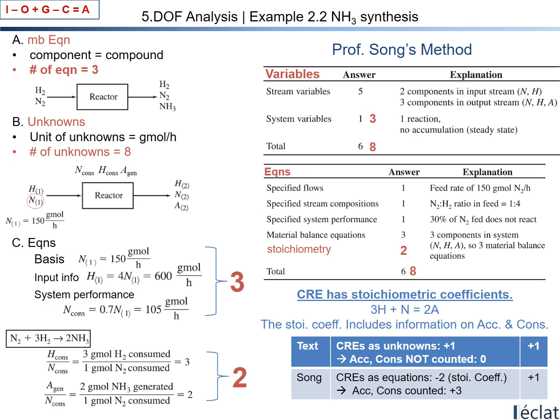It's time to calculate the unknown variables by using material balance equations plus several specifications. So it's time to calculate the process variables. Let's do the ABC steps presented in the previous subsection 4.